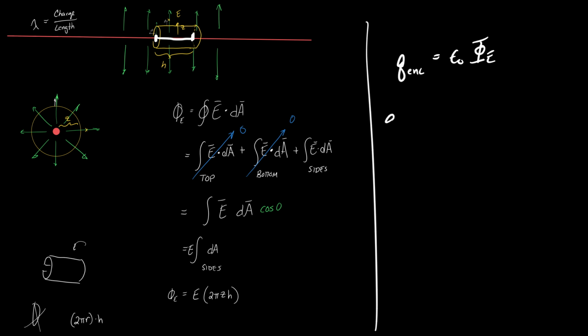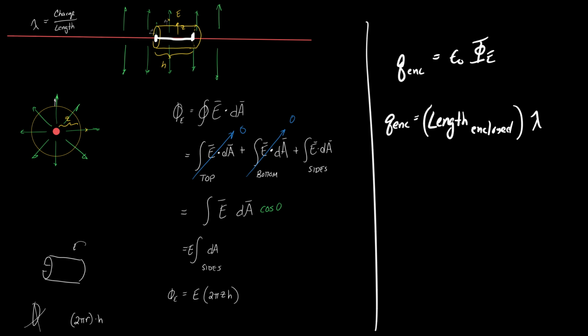So our Q enclosed will just be the length enclosed times lambda. That's the charge enclosed. Right? We didn't enclose the entire line. We enclosed a small snippet of the line. Is that okay?